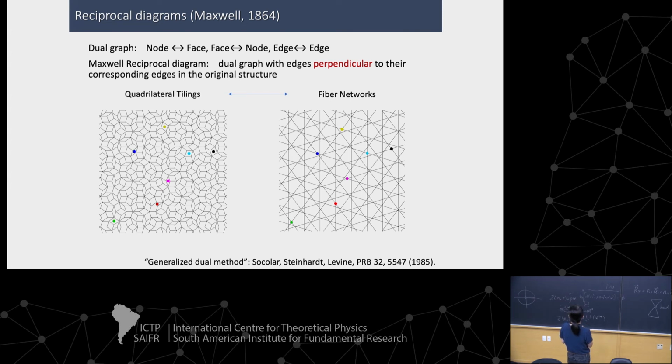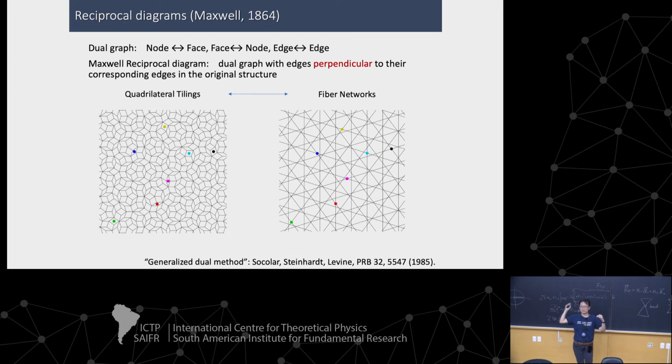For example, this blue dot marks one face in the parallelogram tiling. It maps into this node here, and the four edges surrounding this face map to the four edges connecting to this dot. Because all of the faces here are parallelograms, each strip of parallelograms turns into a line, and that line must be straight because these are all parallel edges.